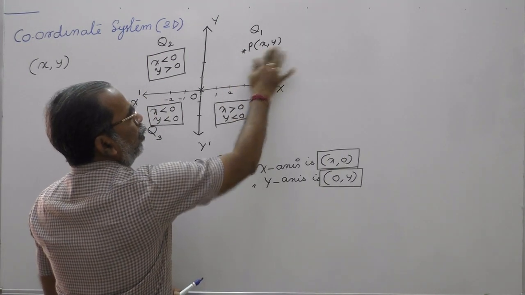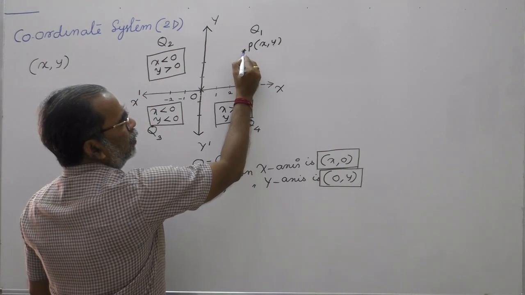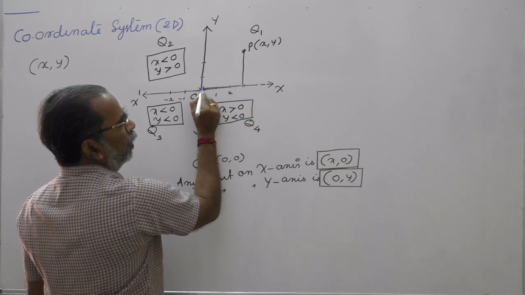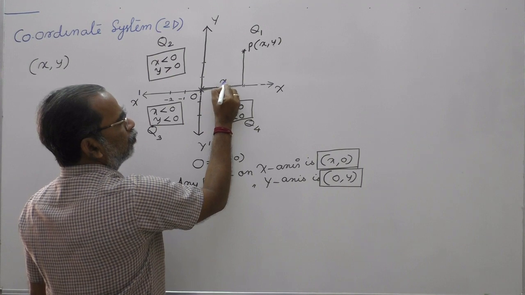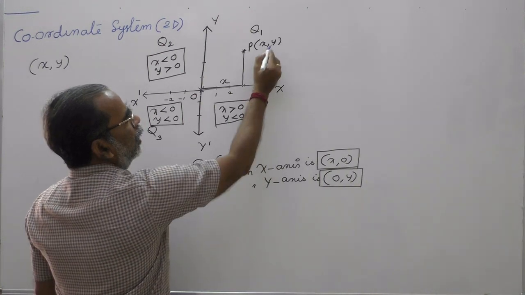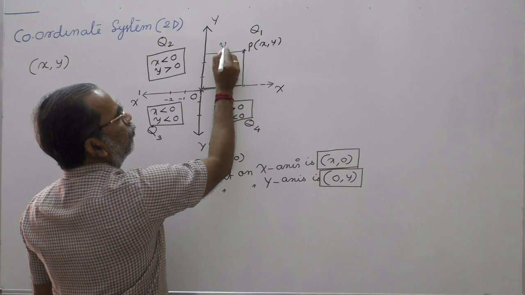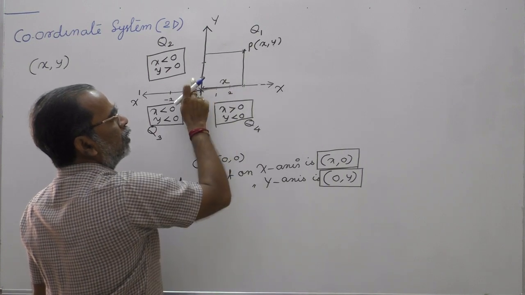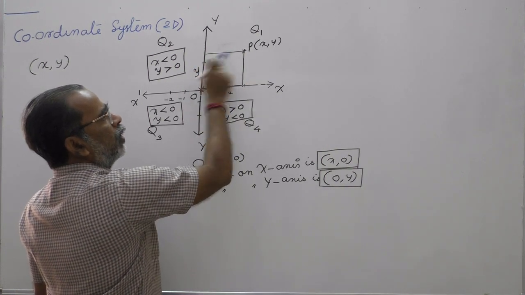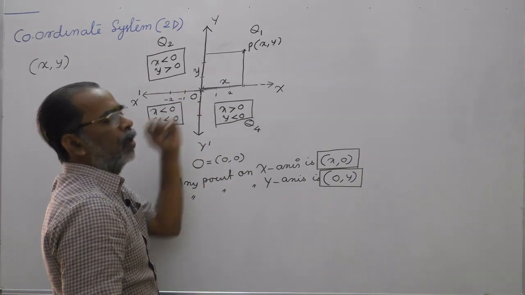If I take a point capital P, x, comma y, then the x coordinate says that this point is at a distance of x units on the x-axis from the origin. And the y coordinate states that this point is at a distance of y units on the y-axis from the origin.